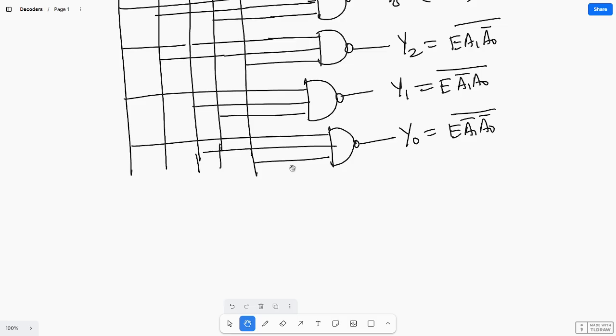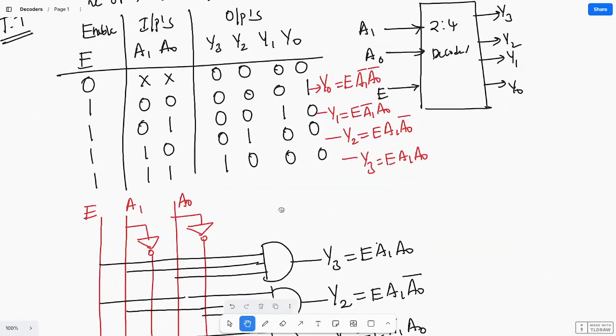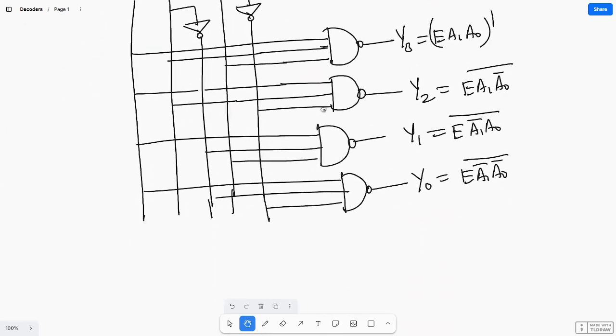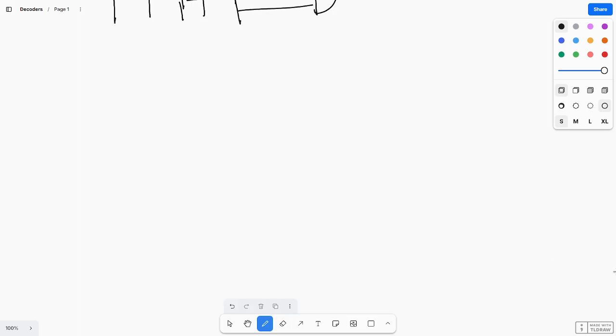So here, this is enable high, active high enable 2 to 4. Active low enable means it will be like this, I think you can do. So how will it look?